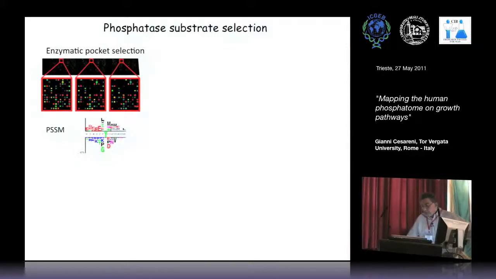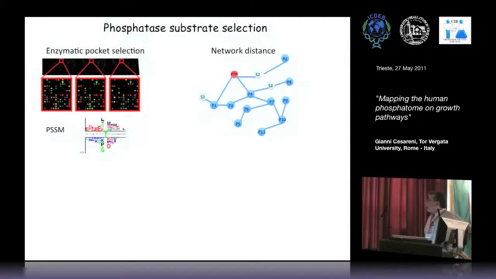So what we set out to demonstrate is that enzymatic substrate selection by phosphatases is mediated by this enzymatic specificity that I just described and by a sort of network distance. In some way, the phosphatase is brought near its substrate by some protein-protein interaction, and then the phosphatase decides that there's some matching with its preferred substrate.